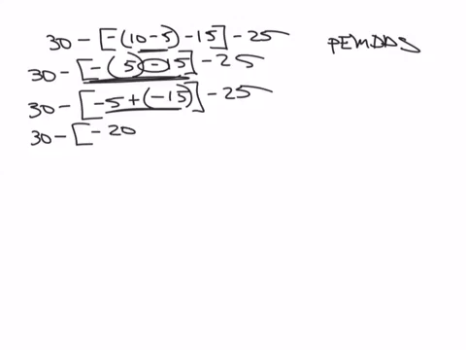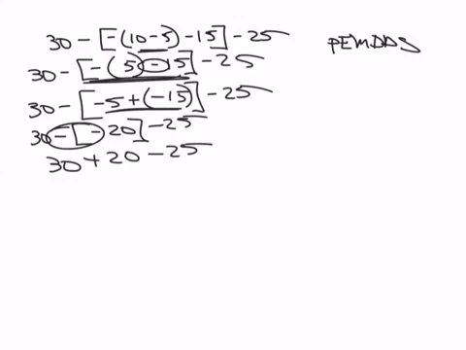So we add. Okay, 2 negatives there. Okay, what's 30 plus 20? Okay, so 50 minus 25 is going to be 25 if I did everything correctly.